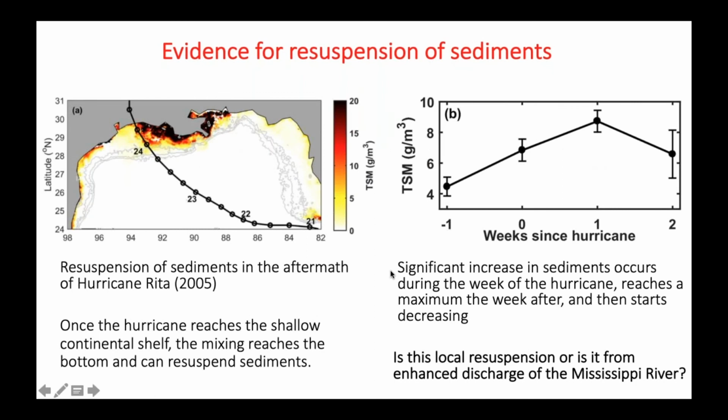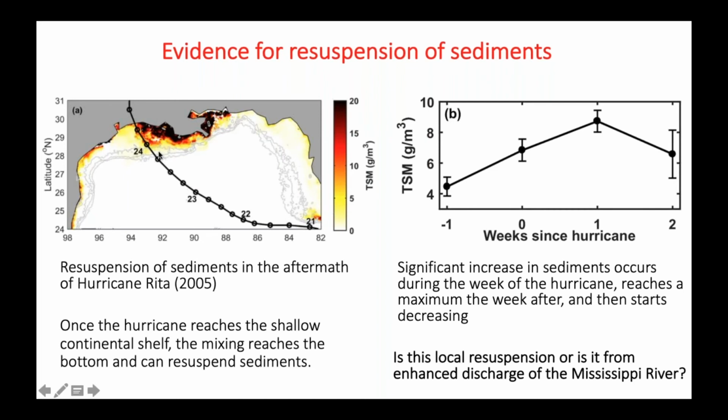So let us begin by looking at what happens in the aftermath of hurricanes. The figure on the left shows the track of Hurricane Rita during 2005. Rita was a very intense hurricane. And what you can see in color is the change in sediments, the difference in surface sediment level after the storm minus before the storm.